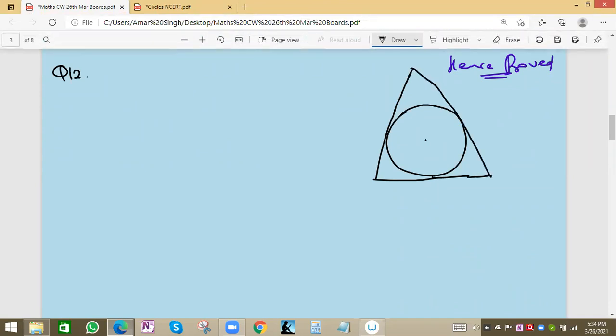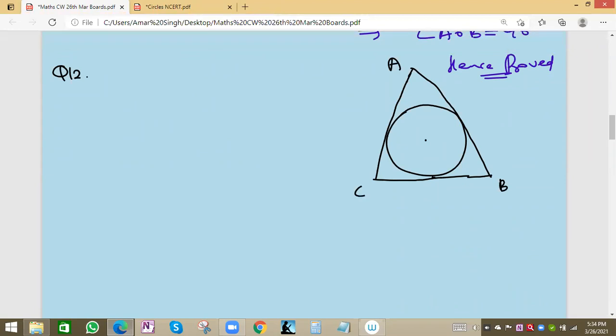ABC is a triangle drawn to circumscribe a circle. This triangle will be outside because it is circumscribing a circle of radius 4 centimeter. So this will be 4 centimeter, it is given.